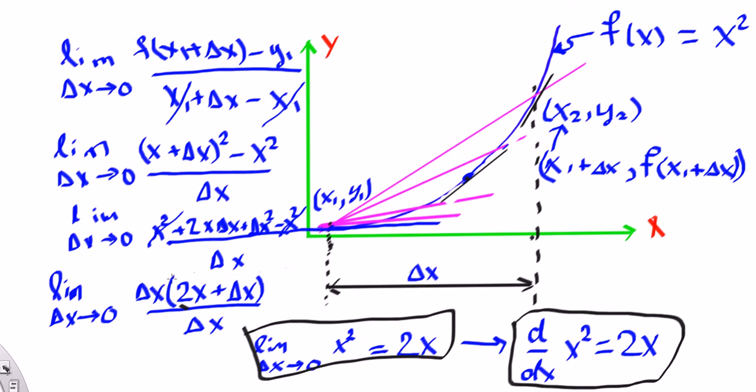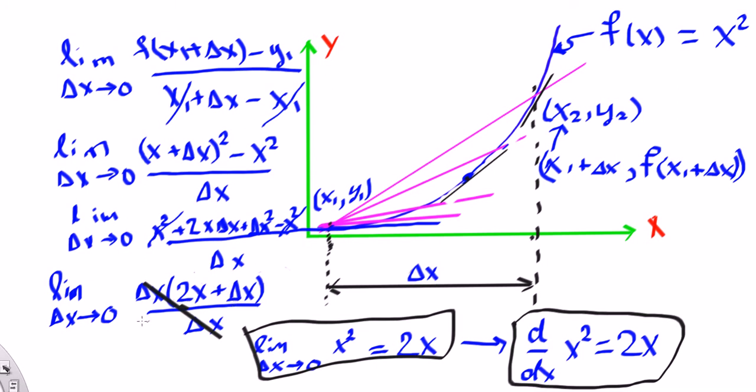Delta x times what's remaining, well, 2x, because 2x times delta x will give us 2x delta x, plus we factored out delta x once from this term, so delta x times delta x would give delta x squared, and so we have delta x times parentheses 2x plus delta x, over delta x. Now obviously this delta x and this one will cancel out, okay, and what we have remaining is 2x plus delta x.